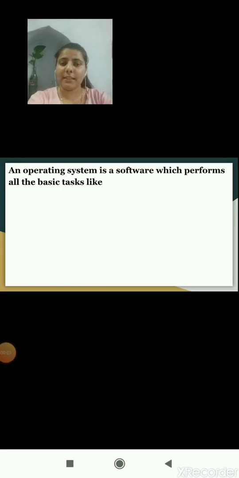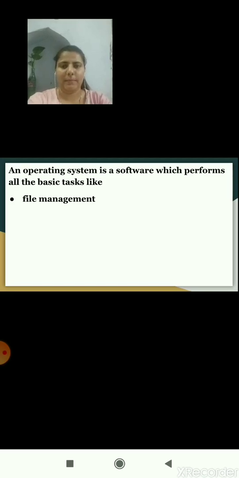An operating system is a software which performs all the basic tasks like file management. File management: creating, storing, deleting, and storing the data in a file. Memory management.